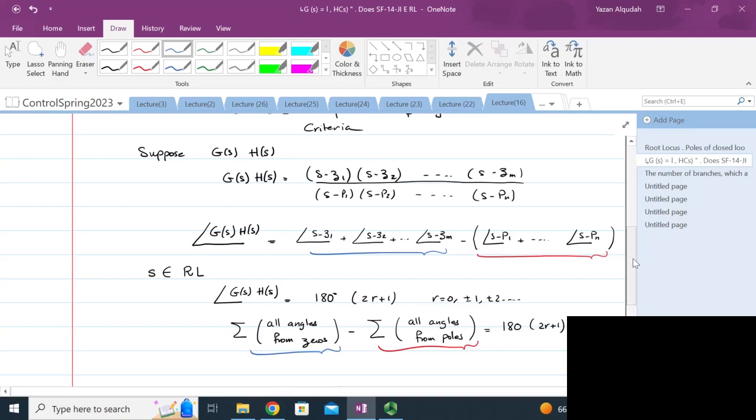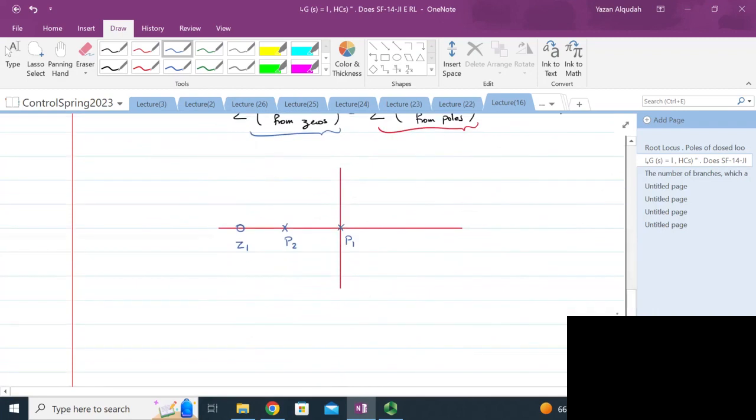Okay. Now what I want to do is determine whether a point that I'm going to pick somewhere here belongs to the root locus. So I'm going to take a point here, S1. I want to see if S1 is part of the root locus or not. How do I determine that?